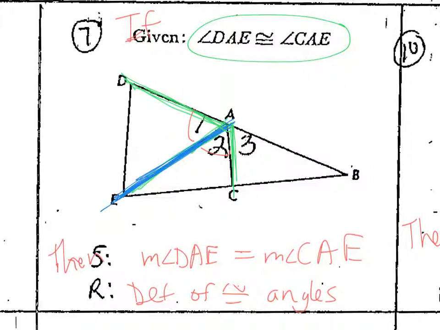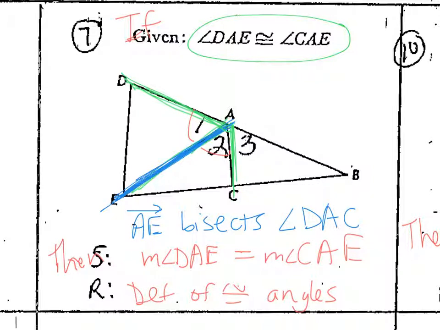So a very good conclusion that we could make is if we know the angles are congruent, then AE bisects or is a bisector of angle DAC or angle CAD.